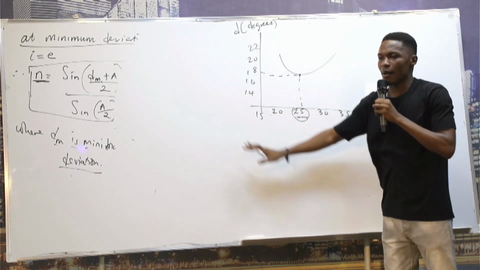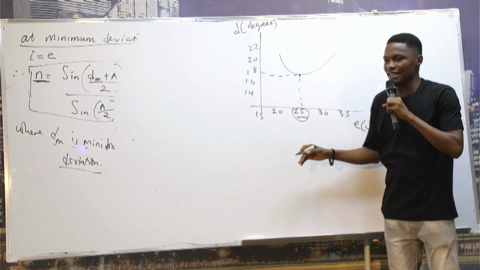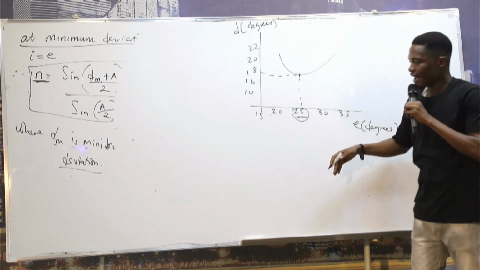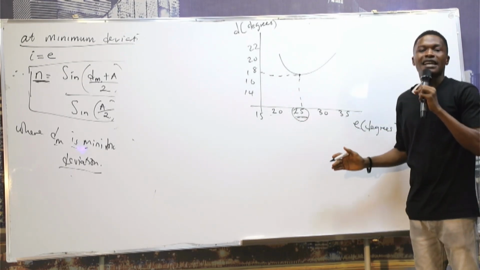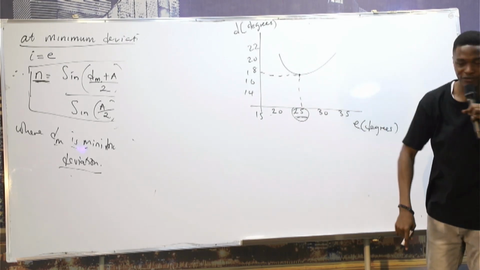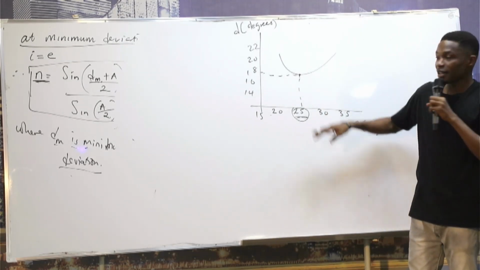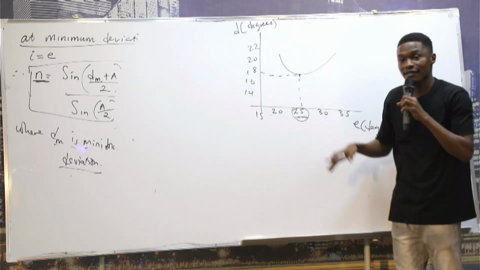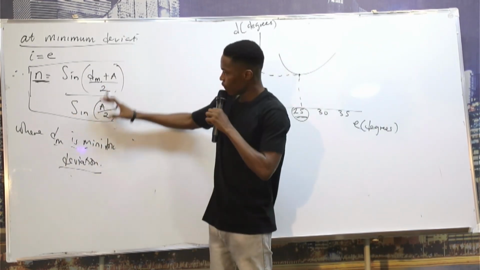Now, last year, JAMB, look at the question they asked. They brought a diagram like this, and instead of asking us to find the minimum deviation or the angle of incidence that gave minimum deviation, they said from the diagram, we should find the refractive index of that triangular prism. This is the formula you will use for that.